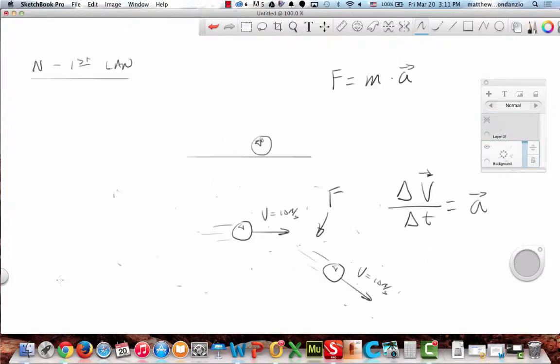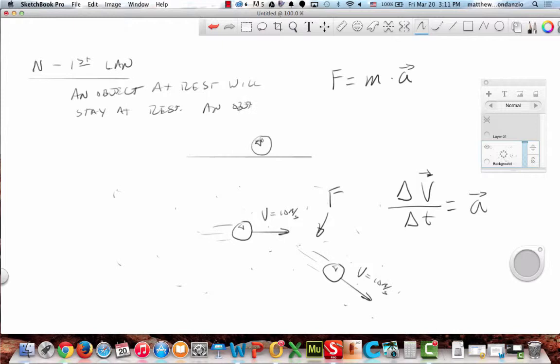All right. So here's a scenario. Okay? The first law, Newton's first law, is this: an object at rest will stay at rest.